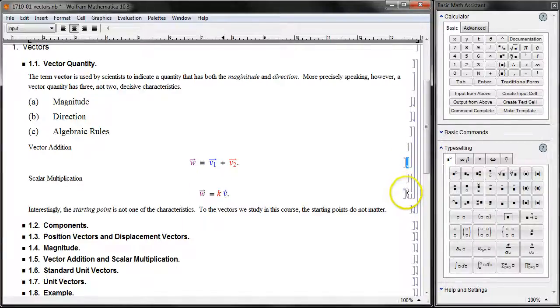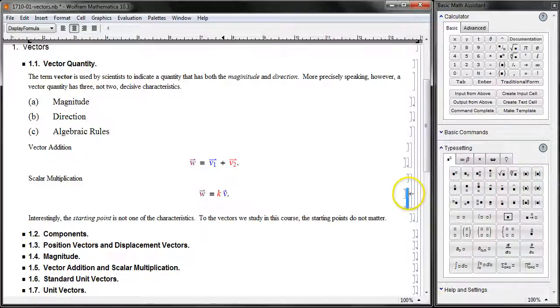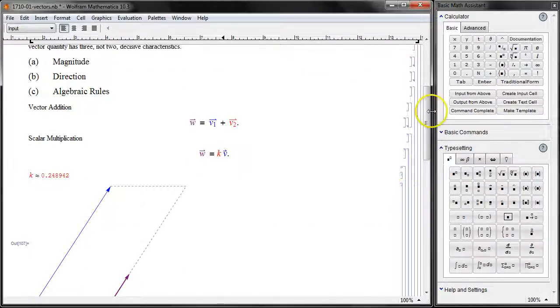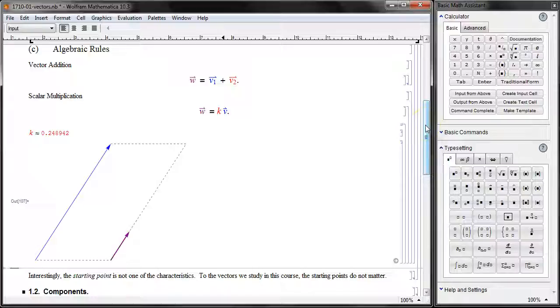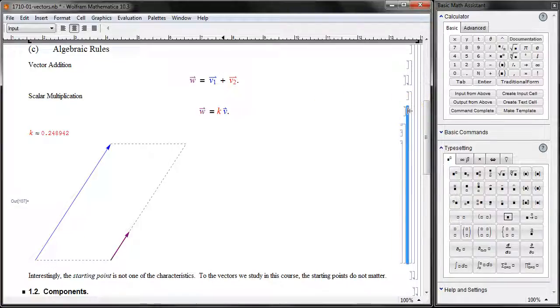And there's another vector operation. This is scalar multiplication, that is, multiplying a vector by a certain real number. In this particular case, the real number that we are multiplying by is about 0.24, a little bit less than a quarter, and consequently this purple vector is about a quarter the size of this blue vector, a little bit less than that, because that's the number we just multiplied.